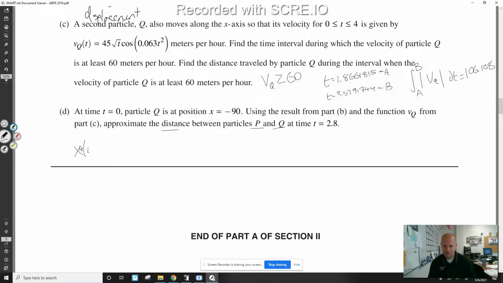An unknown equals a known plus the displacement, which is the area under the derivative of position, the velocity. So here for Q, particle Q at time 2.8 equals my original position at negative 90 plus my displacement from 0 to 2.8.